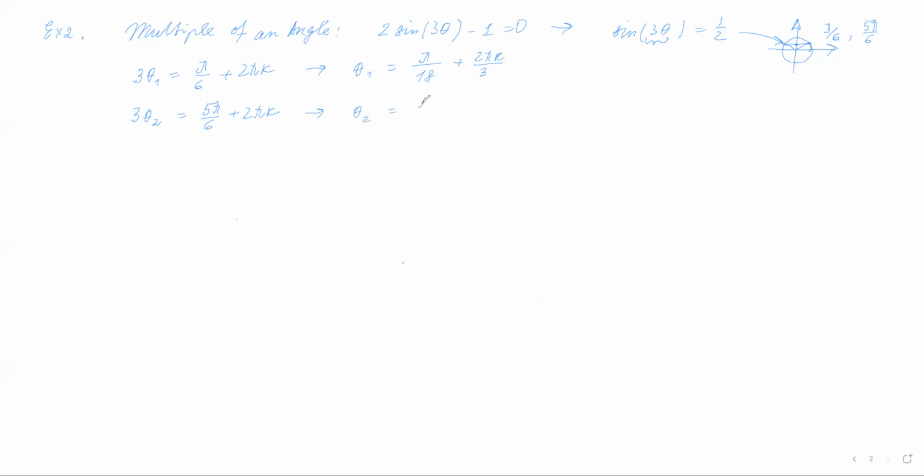Theta 2 is 5 pi over 18, because 6 and 3 combine into 18, plus 2 pi k over 3. So if somebody is asking for a general solution on the interval from negative infinity to positive infinity, that's going to be the general solution. You see, the difference is that you need to do a little bit more math to actually calculate theta.